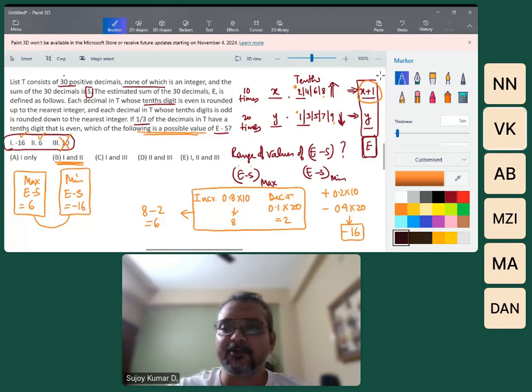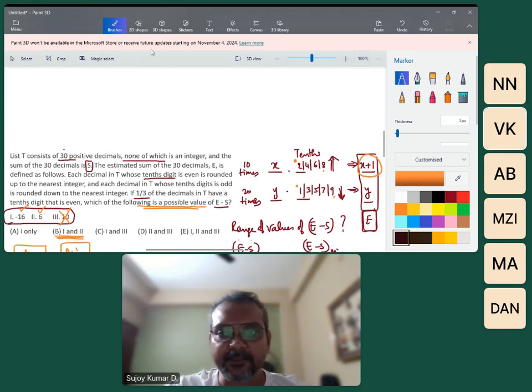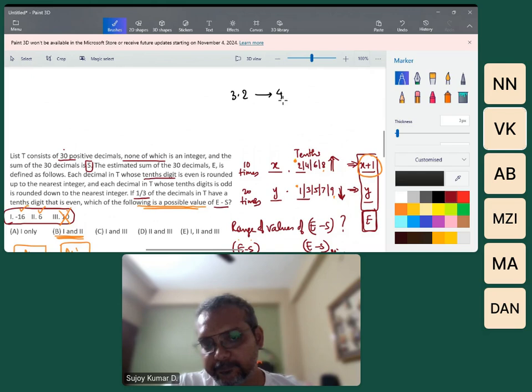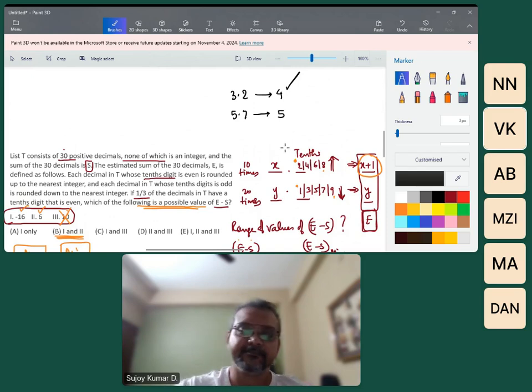So say for example, if you had 3.2, it will become 4. But if you had 5.7, it will just become 5. It will not become 4, right? Oh, I see. Got it.